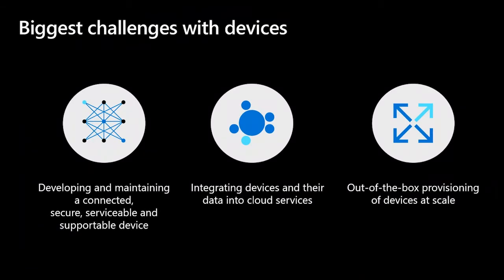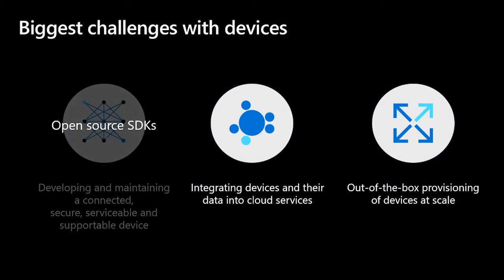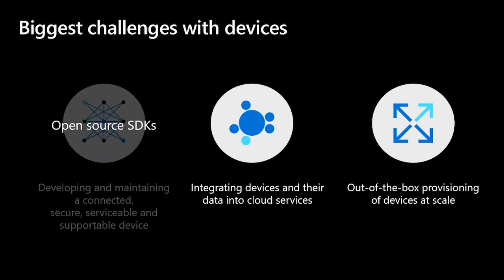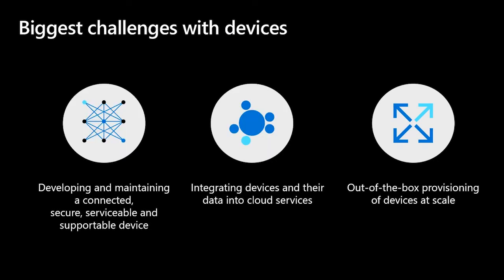Let's talk about really the biggest challenges when it comes to devices. First is developing and maintaining a connected, secure, serviceable, and supported device. This can be really challenging with different types of devices. And the way that we have support there is through our open source SDKs. As I mentioned earlier, we have support across the top programming languages for you.